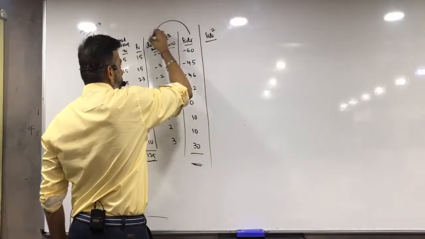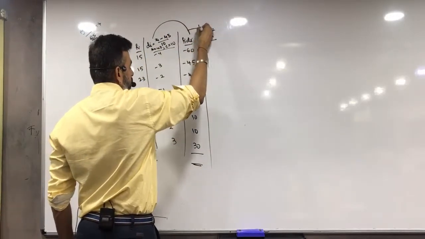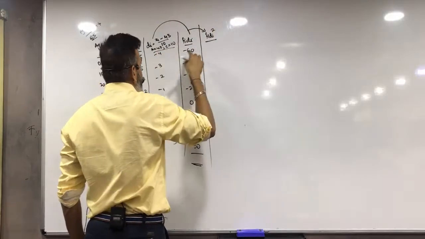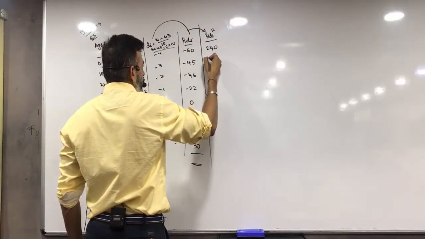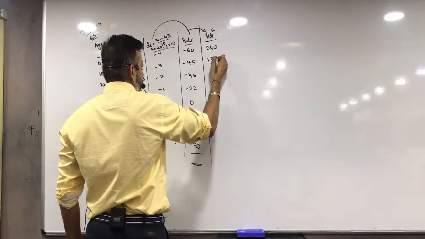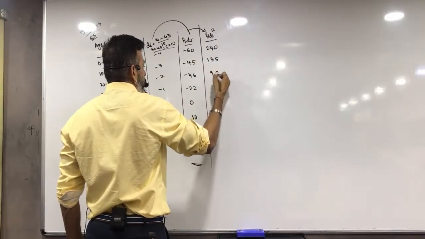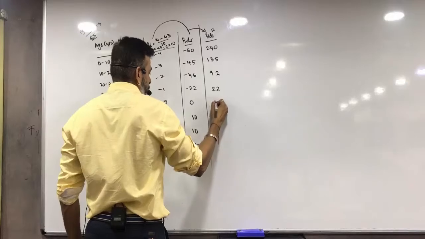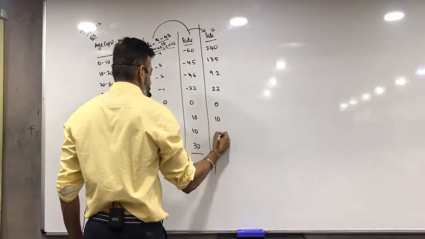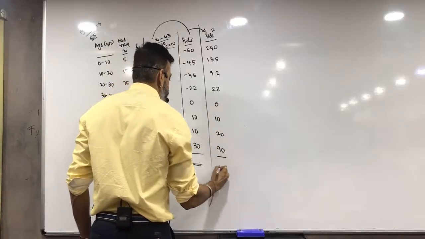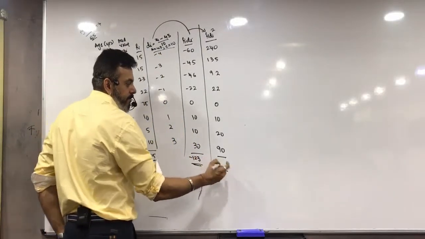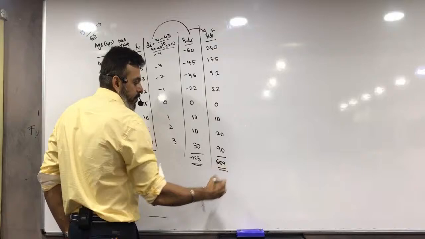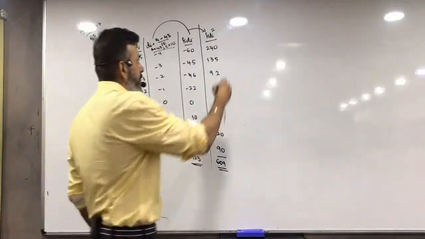So Fi di into di is equal to Fi di square: 240, 135, 92, 22, 0, 10, 20, 90. Minus 123, 609. First we find out the mean.